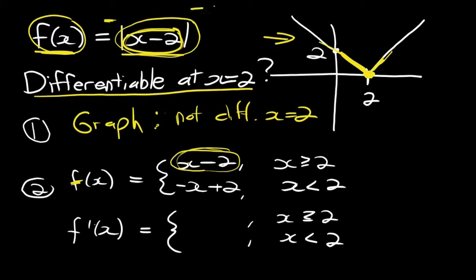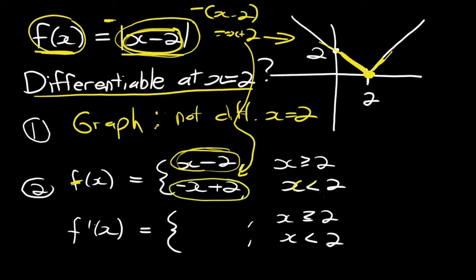That's why we get negative (x minus 2), and that is negative x plus 2, and that's how you get minus x plus 2. That will always give you a positive for all the x values less than 2. So for example, if you put in 1 there, it's negative 1 plus 2, and that will give you positive values, because f(x) must always be positive.